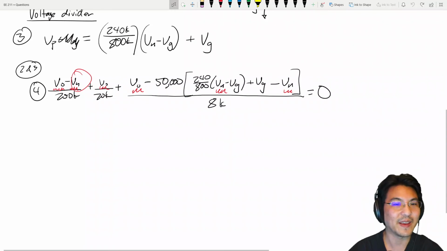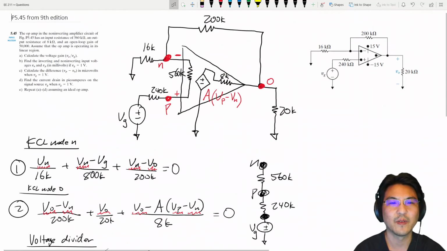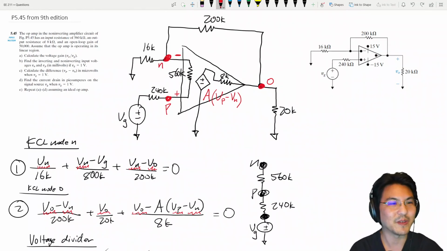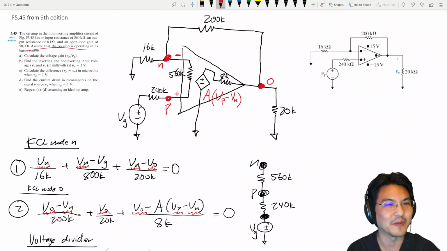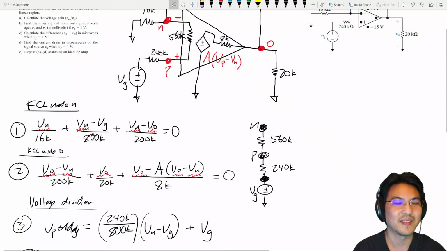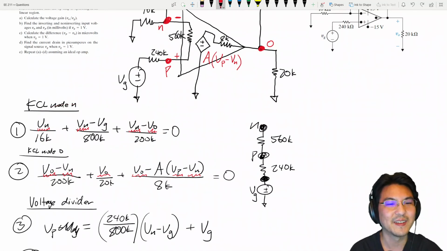Okay, and then once you have that, then you have all three node voltages, right, this one, and all these two. And then once you have those, you can solve everything else. Once you know Vo, the output voltage, you plug that value in here, and then you can solve for Vn.